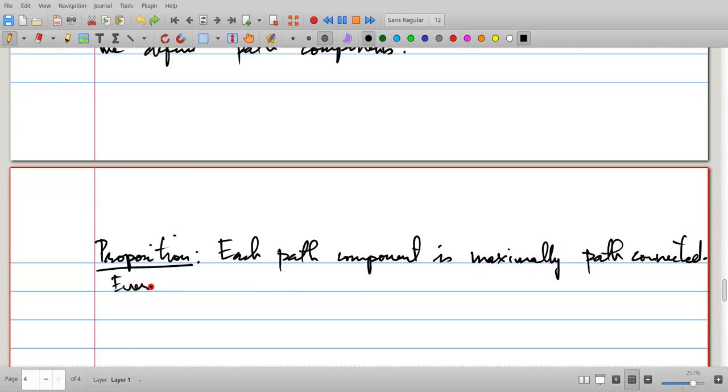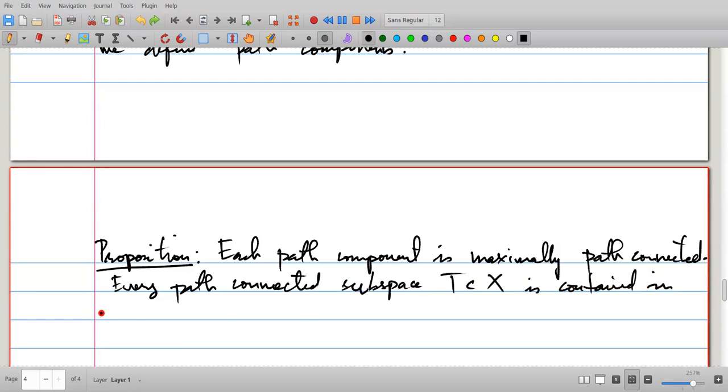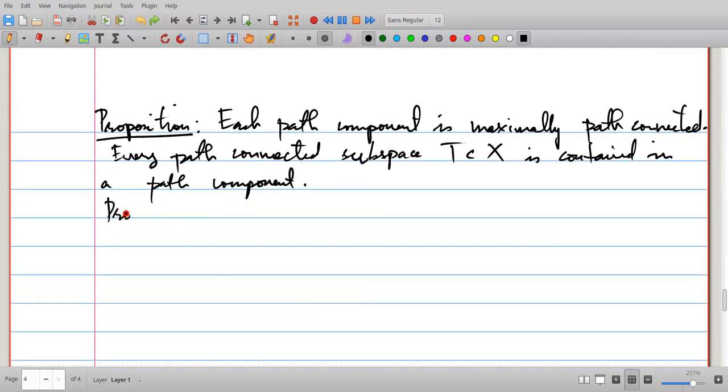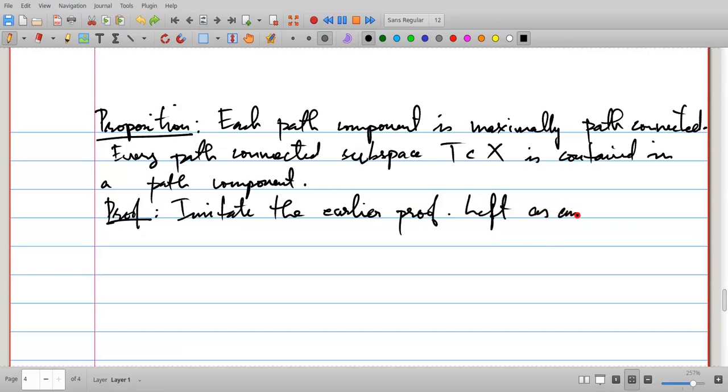And every path connected subspace contained in X is contained in a path component. Proof: imitate the earlier proof. So this is left as an exercise.